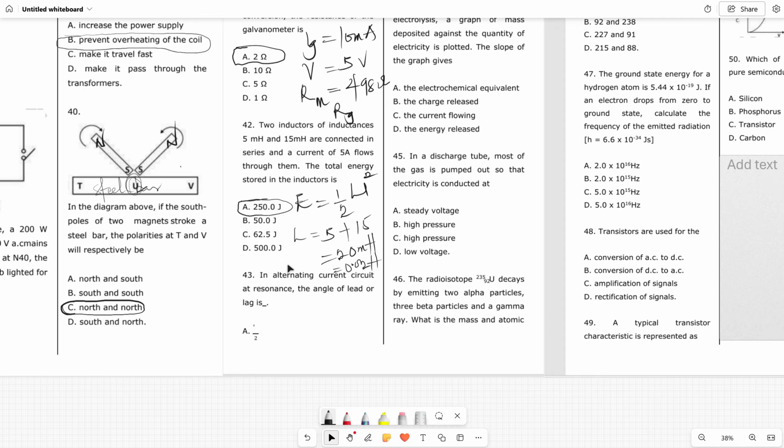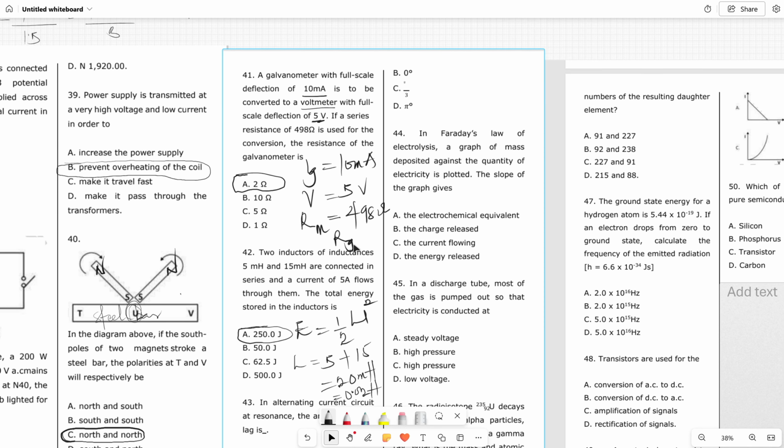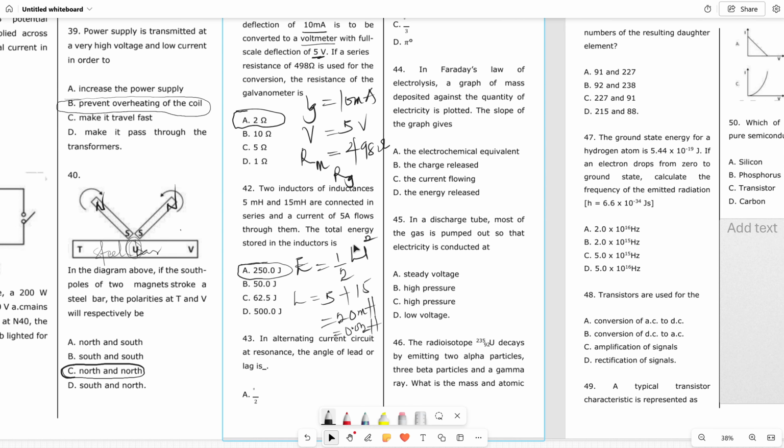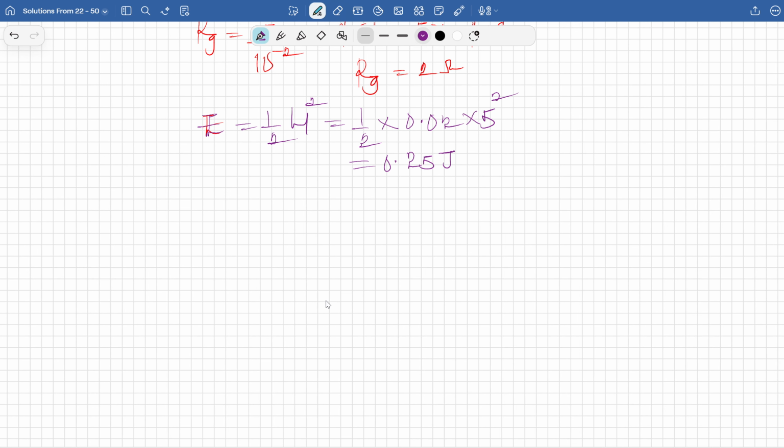Okay, so for 3, in the alternating circuit at resonance, the angle of lead or lag is... So this is coming from simple AC circuits, and it is about the lead or lag angle.